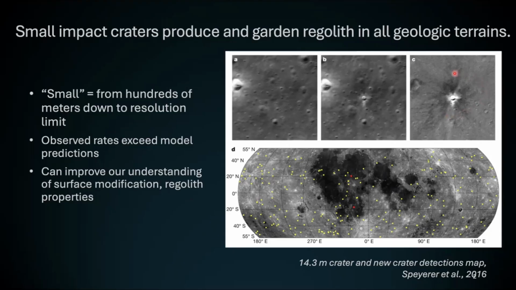So it's not just the crater itself that modifies the surface. There's this whole spread of distal and proximal reflectance zones that both increase and decrease the local reflectance and modify the regolith.